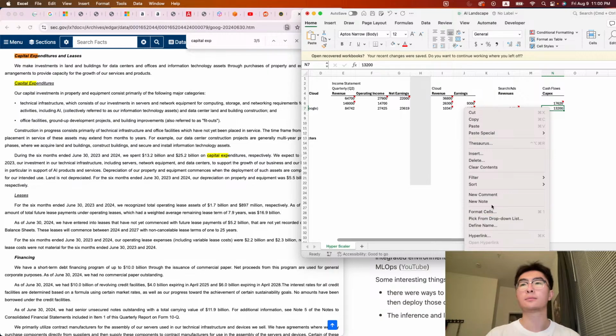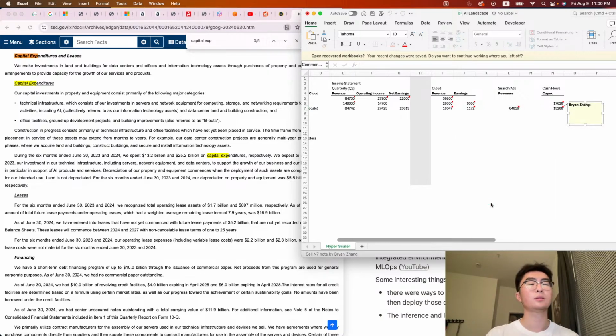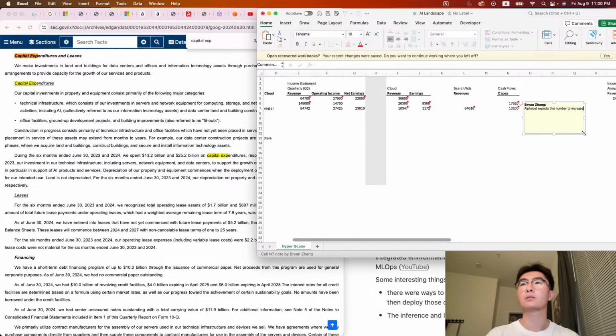So Alphabet expects this number to increase, as stated in their 10Q, for the 6-month period up to June 2023.